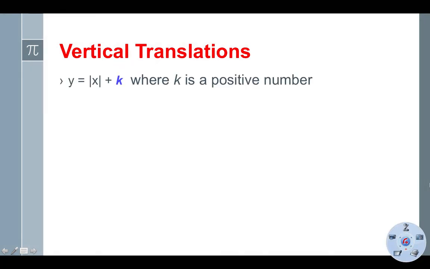So for vertical translations, this is what they're going to look like in your equation. We're going to have the absolute value of x just by itself, and we're going to have a plus or a minus k, where k is a positive number. Remember k is just a number. If we had a plus k, that would mean we moved up k units.